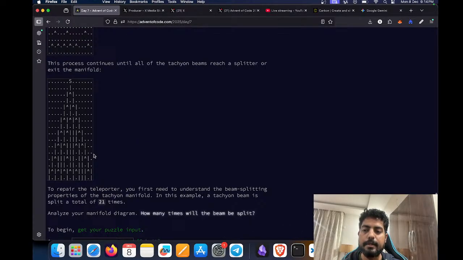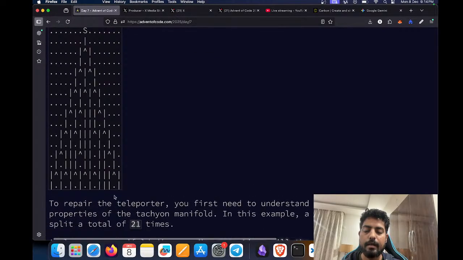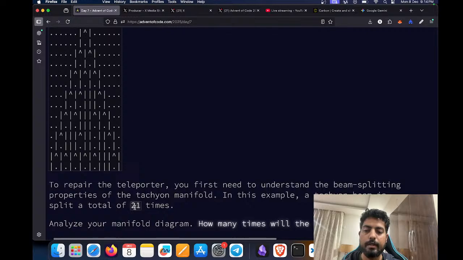So if there are n splitters and we are getting split by x number of splitters, the answer is x. In this case, we have 22 of them, and we are being split 21 times. This one is not touched at all.